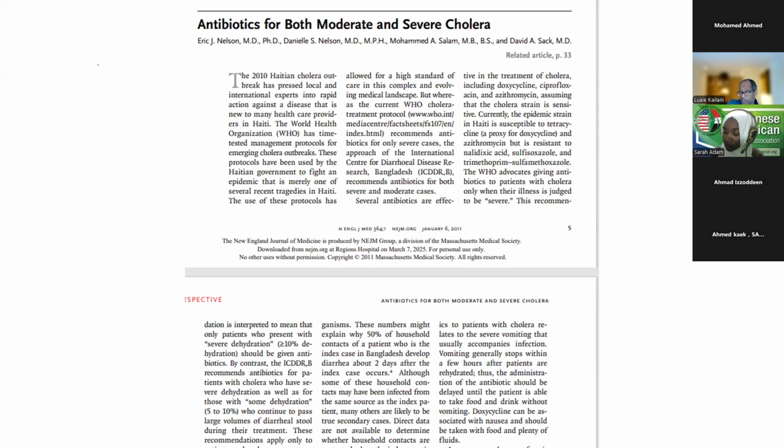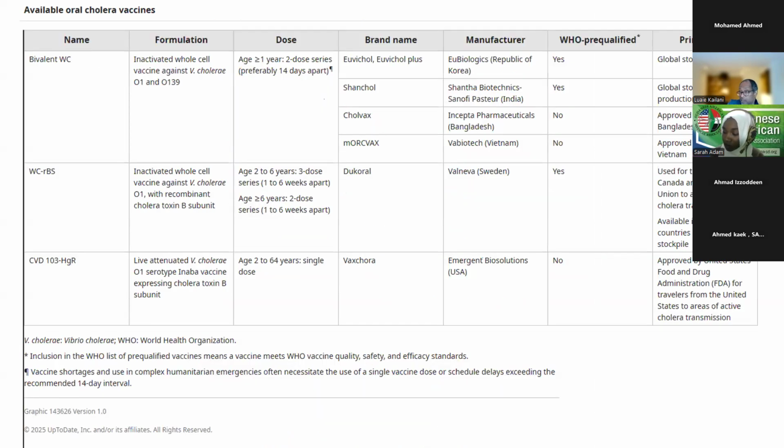Similarly, for prevention, there are oral vaccines qualified by the WHO. The first vaccine is basically the one available, because the production of the second one ceased in 2023.